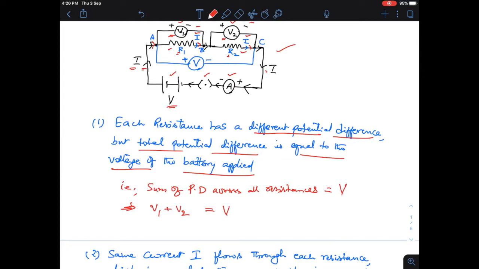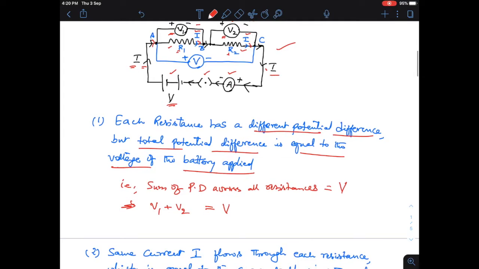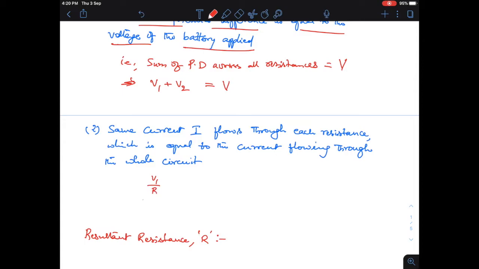This is the total current through the circuit, and the same current will flow through each resistance. V1 by R1 is the same as V2 by R2, is the same as I, which is equal to V by R, the total voltage by total resistance R. So, the same current I flows through each resistance.